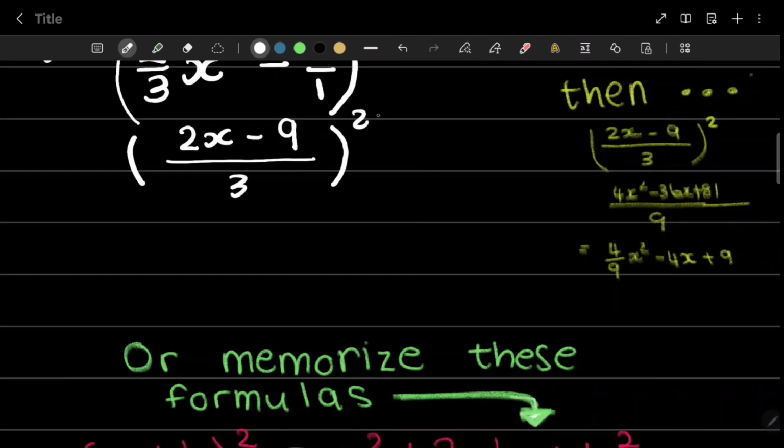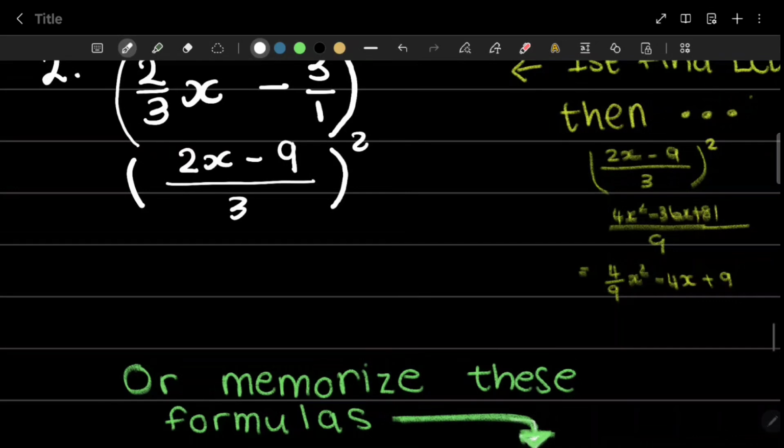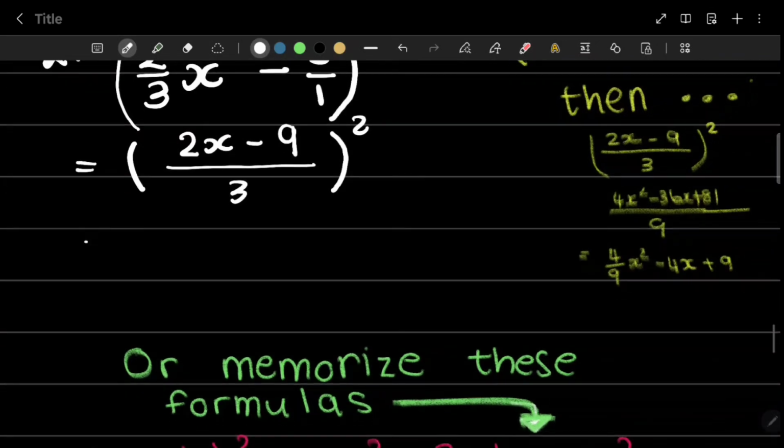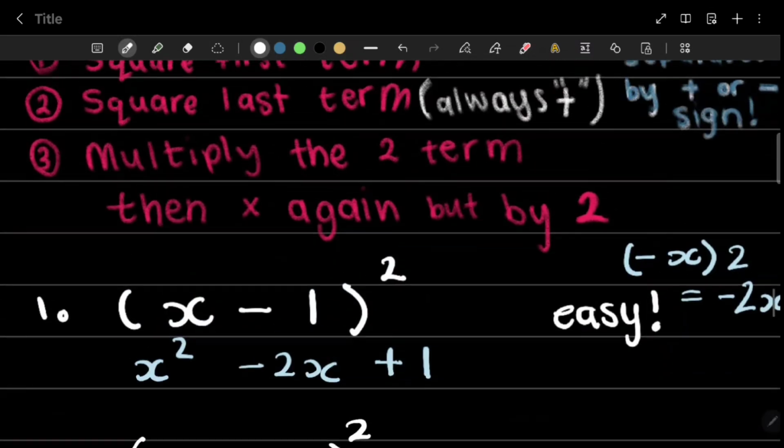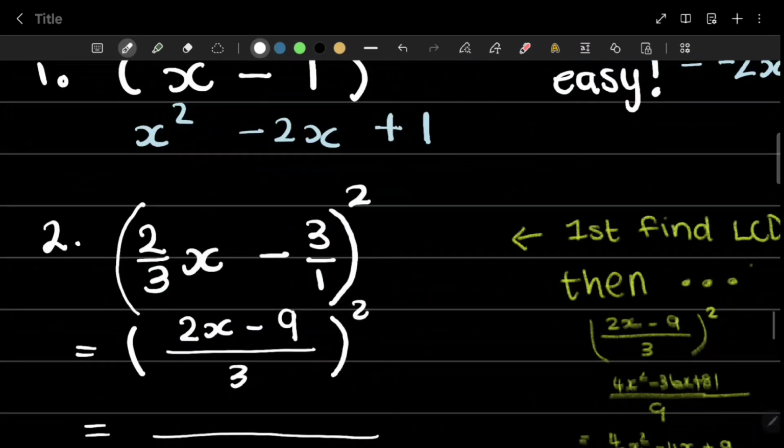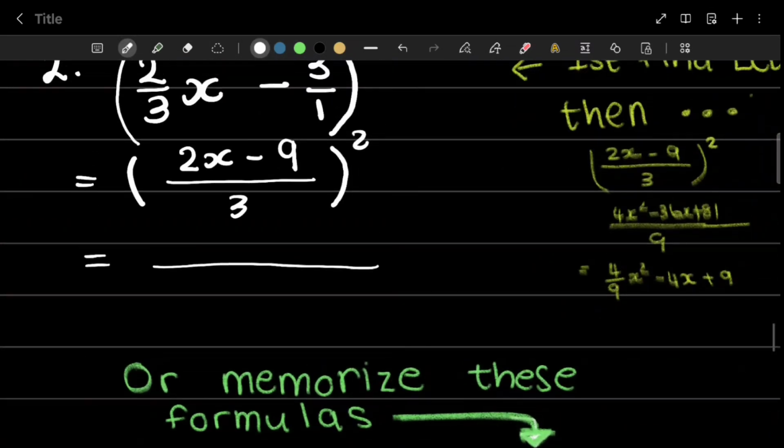Now we're going to do whatever our main question was, and that is squaring the binomial. So our next step is follow these 3 steps. Okay, so 2x squared will give us 4x squared.